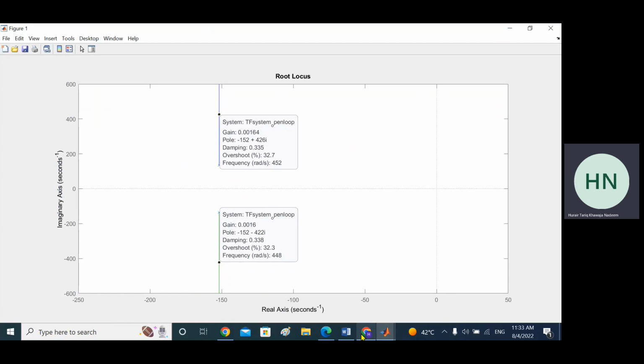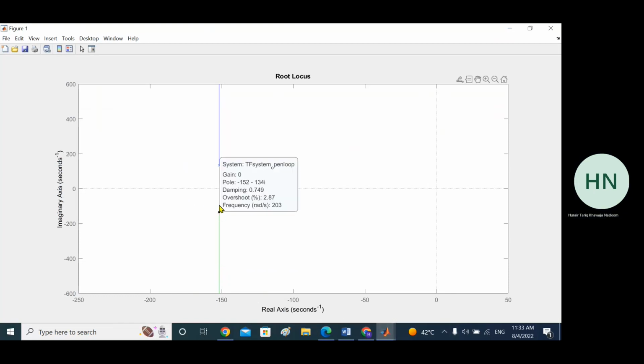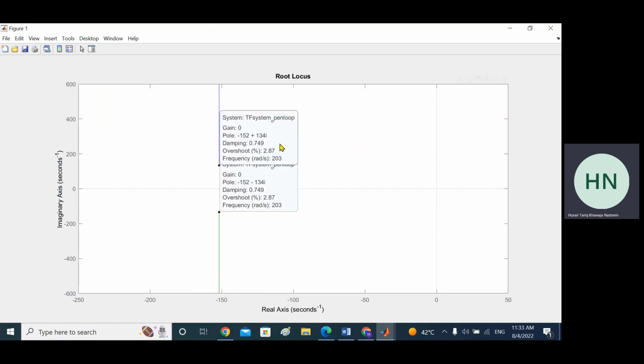Remember, even if I change the gain, the graph is not going to change. Look, right now over here the gain is 0, and over here the gain is 0. So at zero gain, what do we have? -152 and minus 134.1.